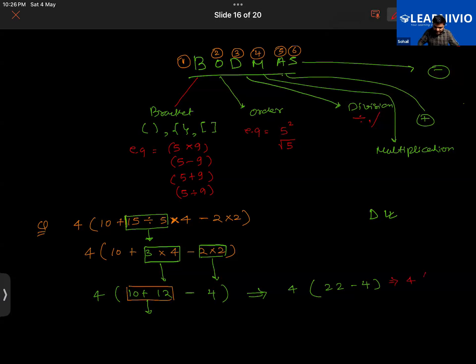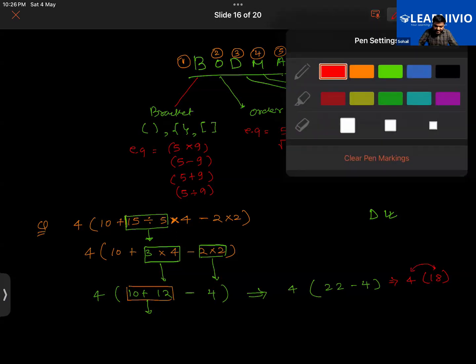So 4 times 18. And note this thing down. Whenever you have a number just outside the bracket, if there are no signs of division, addition, or subtraction between the bracket and the number outside the bracket, it will mean that 4 is in multiplication with the number inside the bracket.